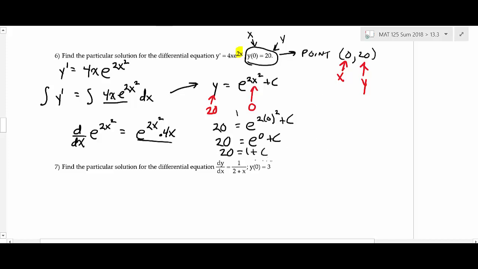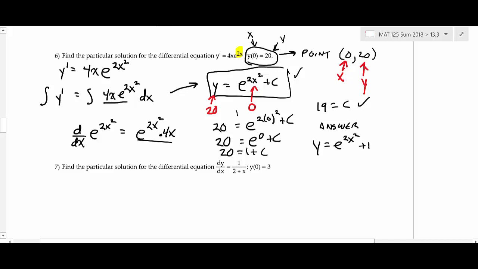So solve that equation, you'd get c is equal to 19. Okay, so the answer to this problem is, here's our general solution, y equals e to the 2x squared plus 19. All right, that's the answer right there.